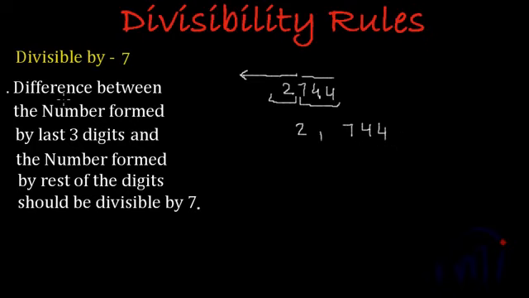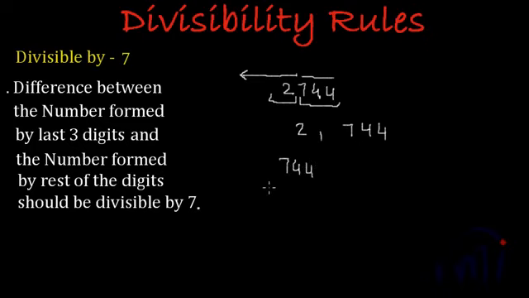And what is the next step? Next step is we have to find the difference. The difference between the two numbers should be divisible by 7. So what do we do when we find the difference? Yes, we subtract the smaller number from the bigger number, and the larger number here is 744.